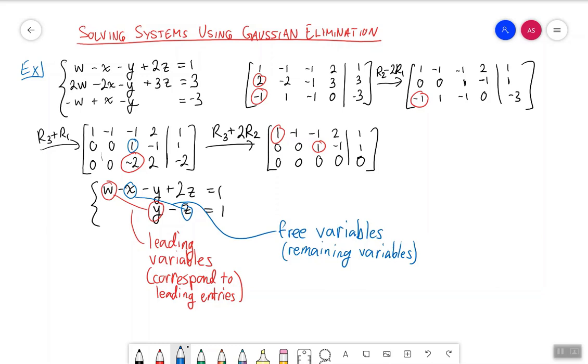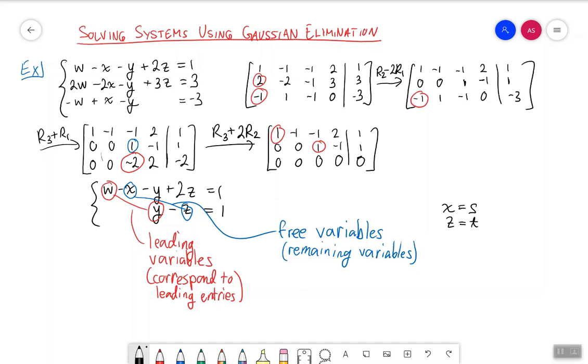So now that we have our leading variables and our free variables, what we usually do, just for the purposes of emphasizing that these are going to be parameters, is say, okay, we'll let x equal s, so that's our first free variable, and z equal t, that's our second free variable.